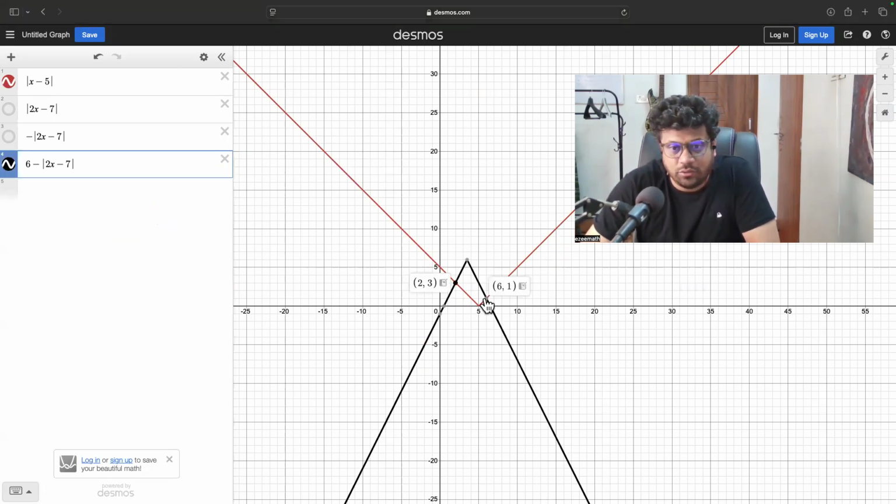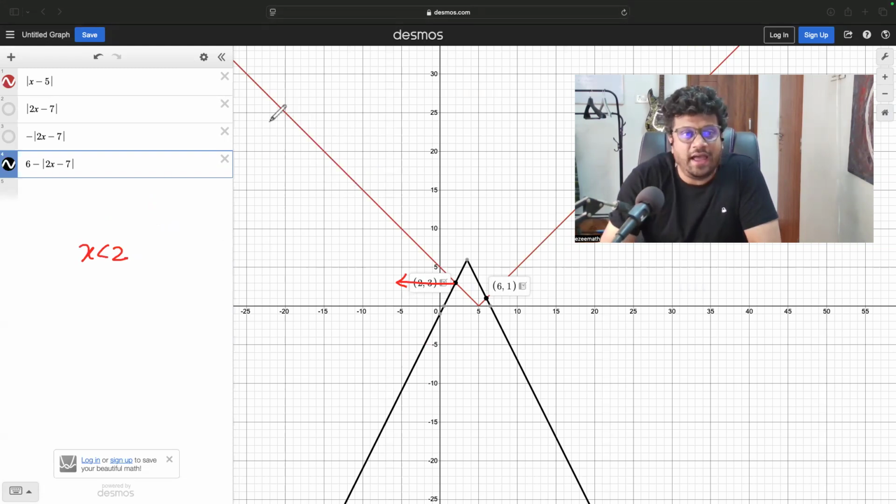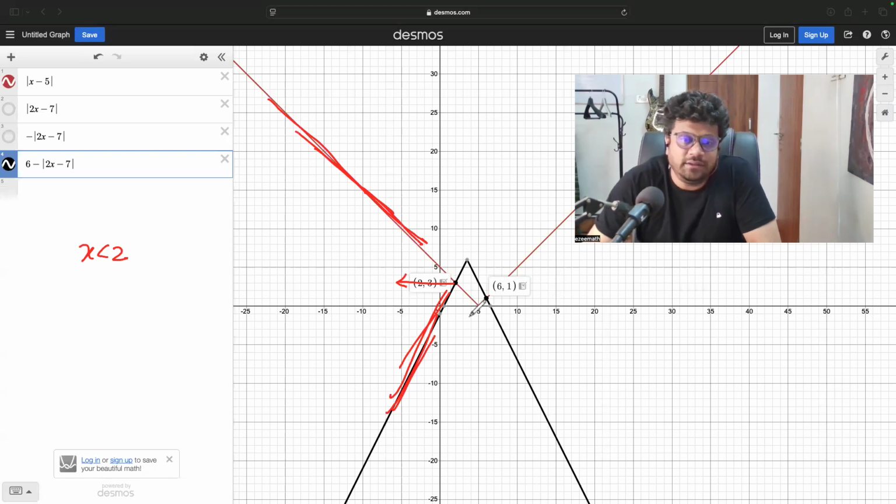Okay, so first I look at the points of intersection. There it is, 2, 3, and 6, 1. And then I very clearly see that if I go to the left of this point, meaning x lesser than 2, I have this red thing above the curve there, which is 6 minus mod of 2x minus 7.